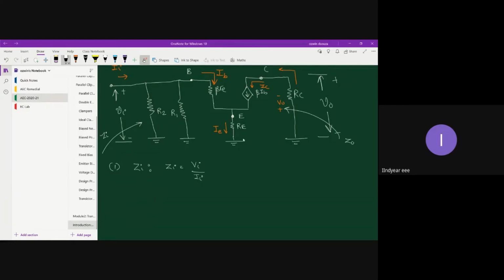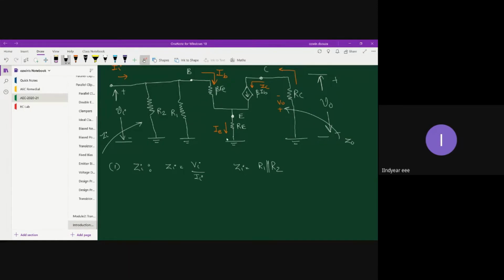What about these 2 resistors? On the input side, how are these 2 resistors connected together? Can anyone tell me? What is Zi? That's what I'm trying to ask you. Zi is R1 parallel with R2, because Zi is nothing but the impedance measured from base to ground terminal.